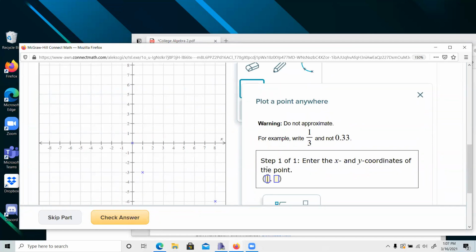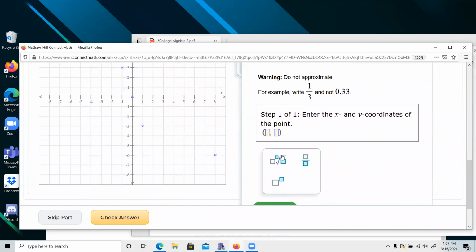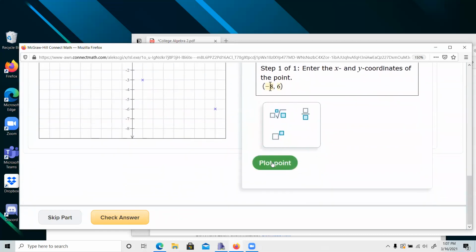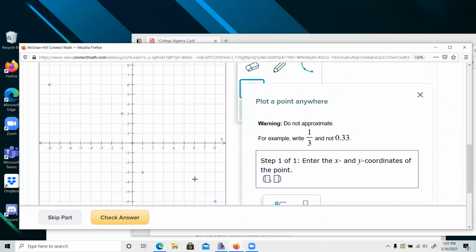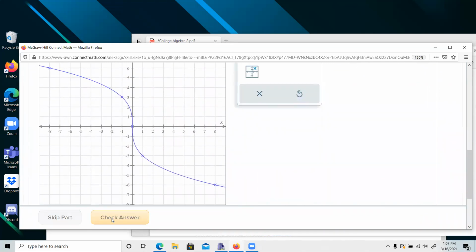So this is going to be negative 1, 3. See, try to use something that we learned before, and we can try to be clever. And then negative 8, and then watch it backfire on me. Okay, negative 8. There we go, plot the point. All right, let's go ahead and draw. That looks pretty good. Check that answer.